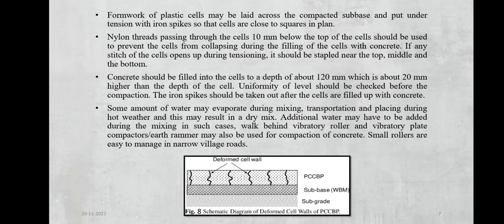Some amount of water may evaporate during the mixing, so proper water is provided in hot weather, and this will produce better quality pavement. Vibratory rollers and vibratory plate compactors are used to smooth the top surface of the road.